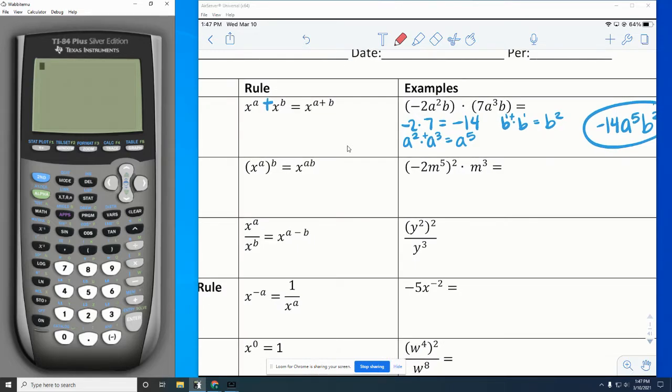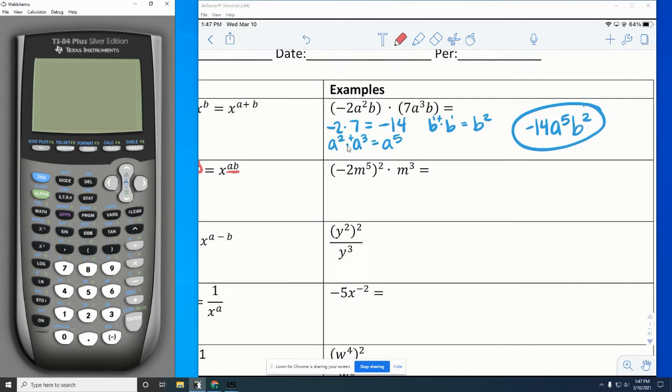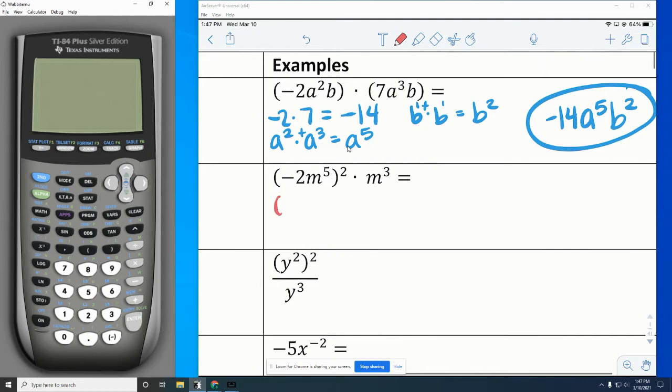If you see them right on top of each other, they're piggybacking, you're going to multiply them. Now again, big numbers are normal, so this is a -2 squared. And then for our m's, we have m to the 5 squared times m to the 3. So big numbers first. Big numbers go in the calculator. So -2 gets a little 2. Notice that's what I have.